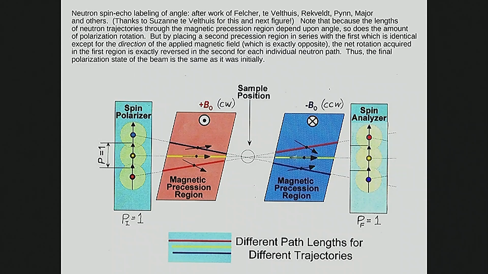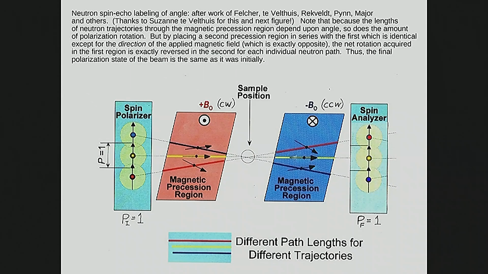If I take a second field region, pretend there's no sample here, that's just the position of the sample, there's nothing there. If I configure a second precession region such that the field, instead of pointing out of the paper, is reversed, then these neutrons take the same path lengths in the second region. The red goes red, the blue goes blue, the yellow goes yellow.